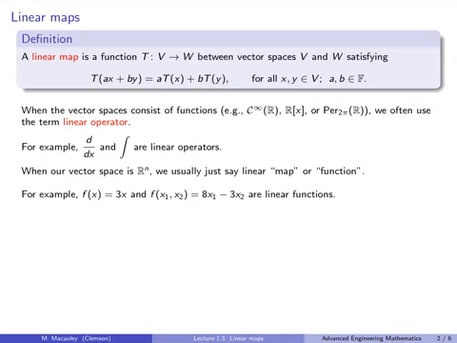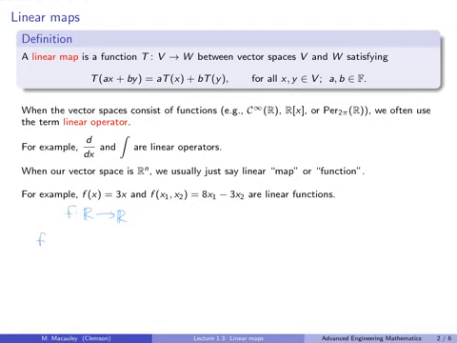Let's check these individually just to make sure we understand why this condition holds. So the first one, f, notice that this is a function from R to R, or R1 to R1. You input a number, you output a number. So here, my vectors and scalars happen to be real numbers. But let's just check that this indeed holds.